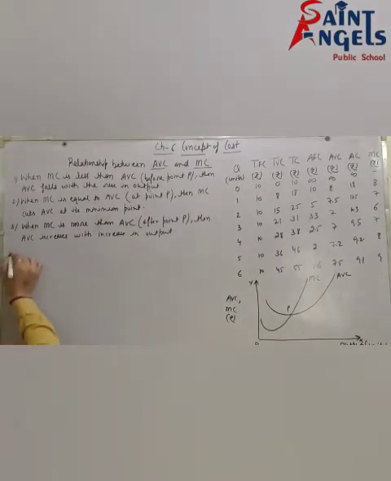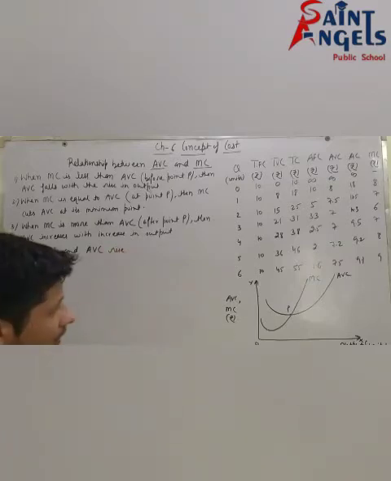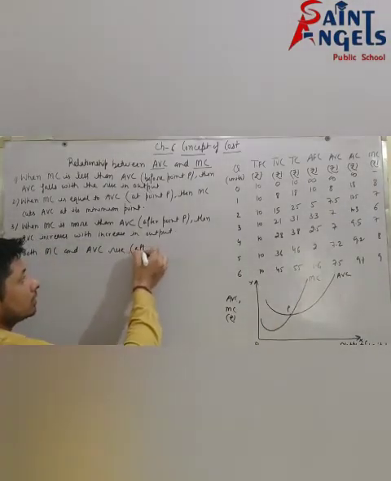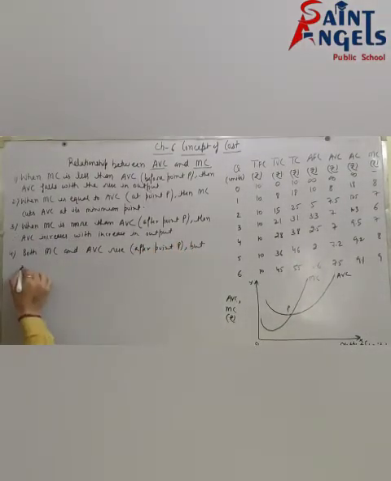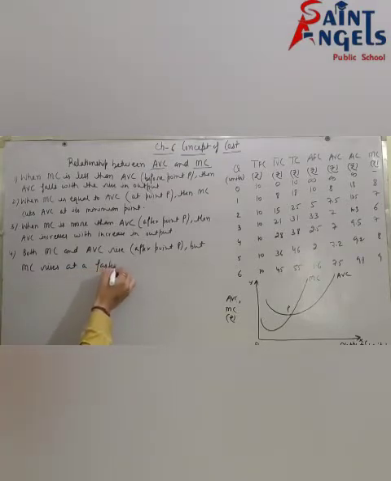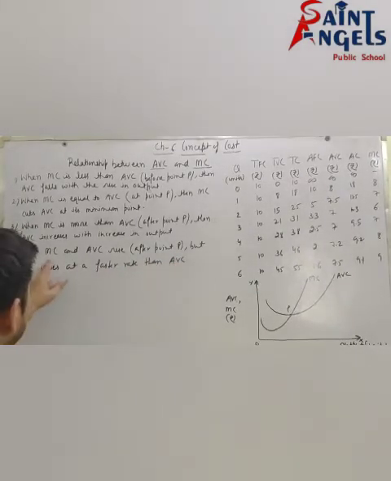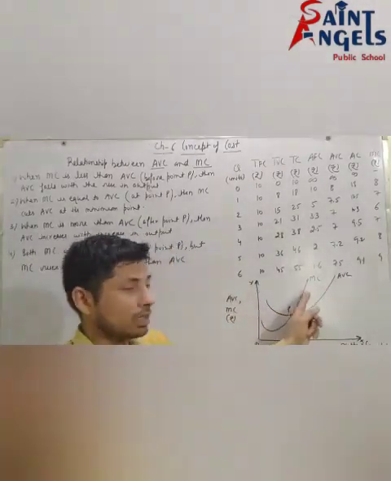See next point. Both MC and AVC rise after point P, but MC rises at a faster rate than AVC.